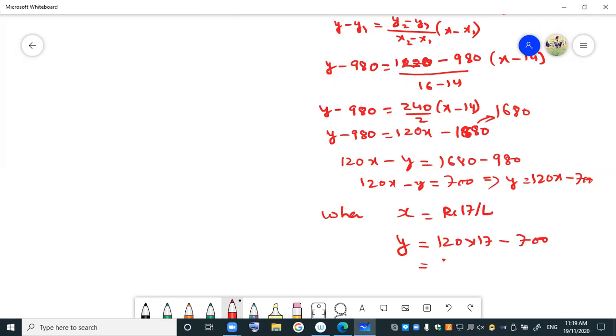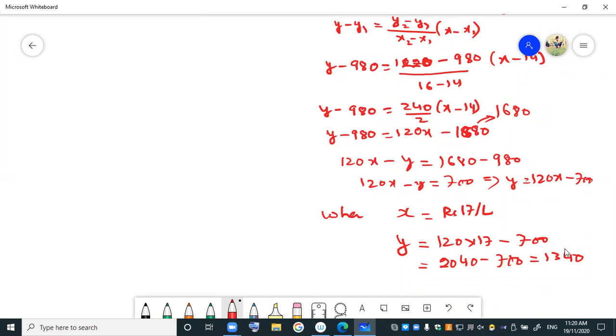That is 2040 minus 700, which is equal to 1340. So he will sell weekly 1340 liters at the rate of rupees 17 per liter.